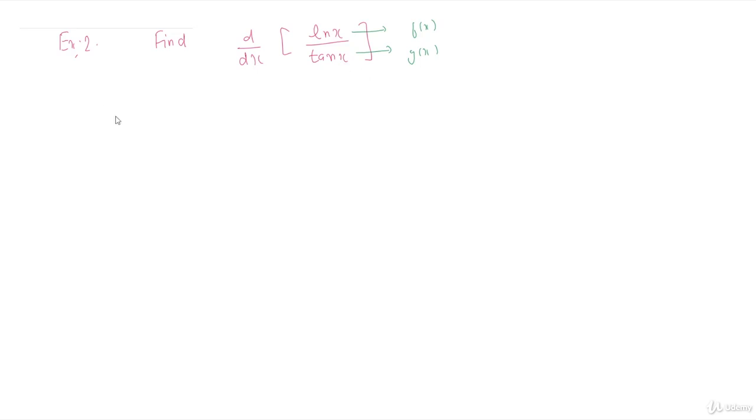So now let's apply the quotient rule. As you guys might remember, the quotient rule for d by dx of ln x over tan x will be: denominator multiplied by d by dx of numerator, that is d by dx of ln x, minus numerator multiplied by d by dx of denominator, that is tan x here.